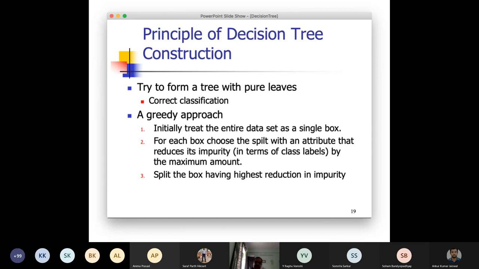So you split the box having the highest reduction in impurity. There will be a reduction if you sort this, but which attribute gives you the highest reduction? You should continue till all nodes are pure, or to a great extent pure, and then you stop when all boxes are pure.